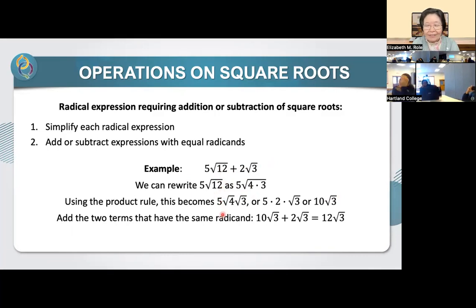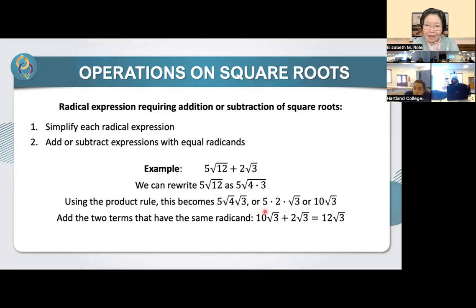According to the product rule, although you really don't need to do this step by step. If you already have the mental math, that's fine with me. 5 the square root of 12 is the same as 5 times the square root of 4 times the square root of 3. But the square root of 4 is 2.